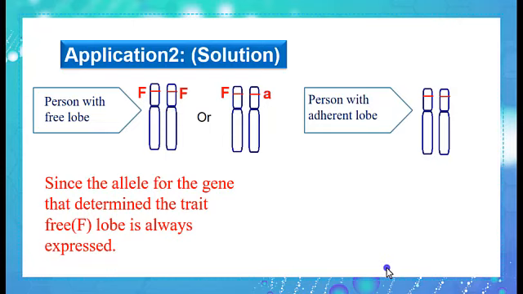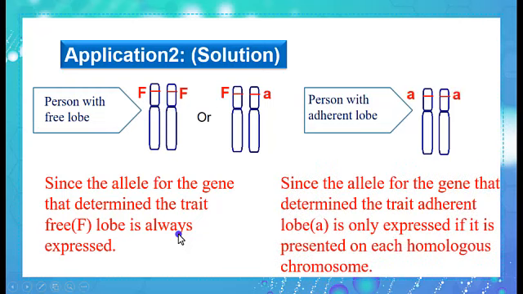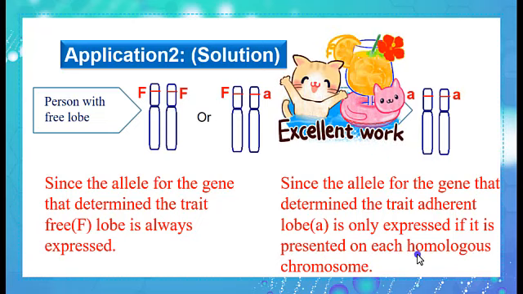Why? Since they mentioned that the allele for the gene that determines the trait free lobe is always expressed. While for the person with the adherent lobe, we have small a and small a. Excellent. Why? Since the allele for the gene that determines the trait adherent lobe, represented by small a, is only expressed if it is present on each homologous chromosome.